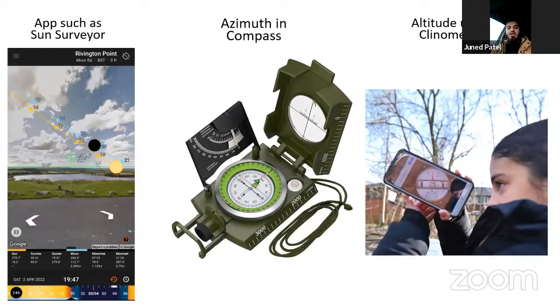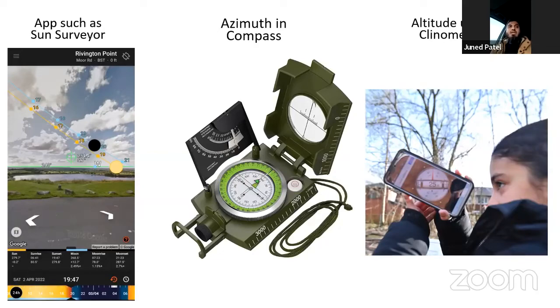The third app is called Clinometer, an instrument to measure the elevation of anything. You can download it on your phone. Point your phone towards the sky, and if altitude is showing 11 degrees, it will tell you exactly 11 degrees. That's how you work it out.